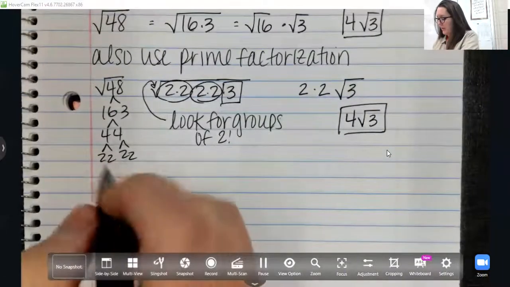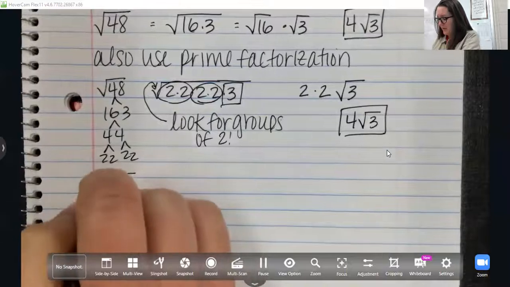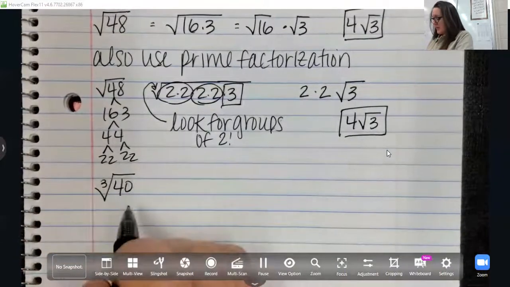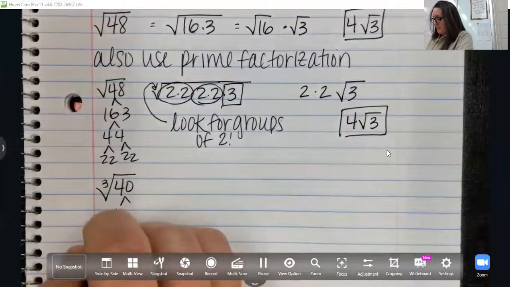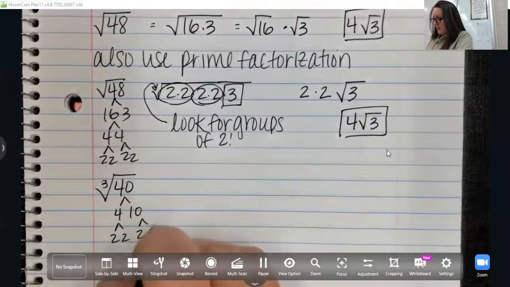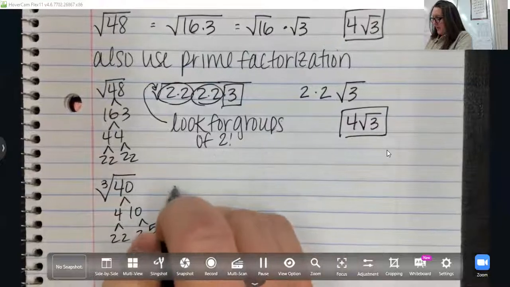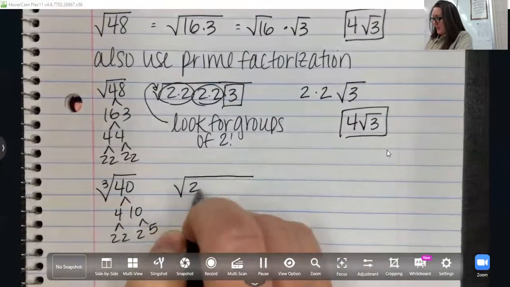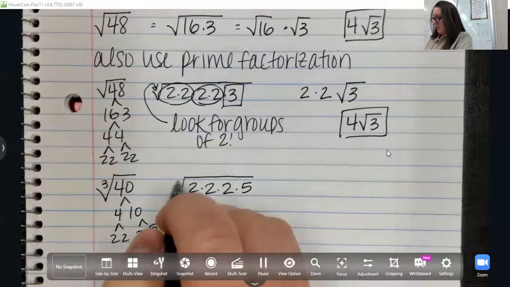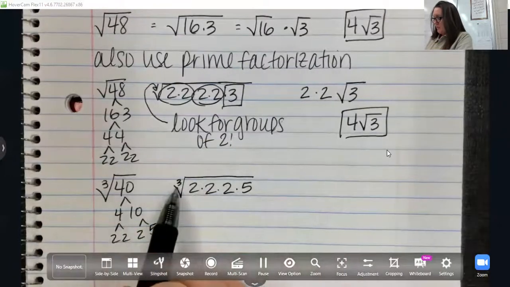So let's try one if my index is higher than 2. So let's say that we have the cubed root of 40. Let's break this apart into our prime factorization. This is 4 times 10, 2 times 2, and 2 times 5. So my prime factorization of 40 is 2 times 2 times 2 times 5. So I'm looking for the cubed root, right?